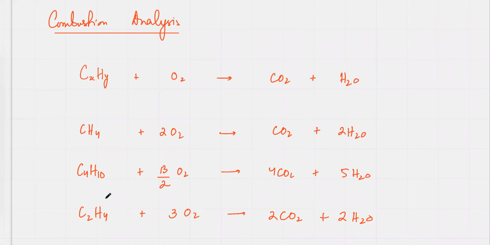I mean, you don't know how to do this yet, but the idea is that every hydrocarbon burns in a unique way. Every hydrocarbon has a different ratio of oxygen, carbon dioxide, and water. And if you know that ratio, you can figure out the formula of the unknown hydrocarbon. So that's what we're going to try and do.